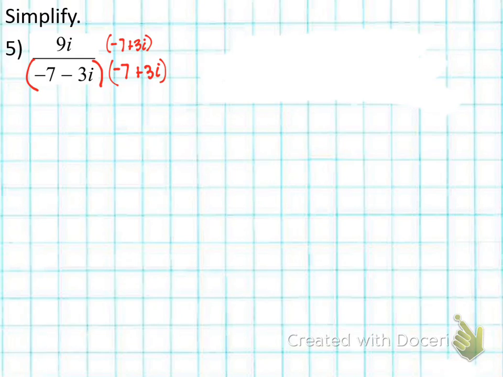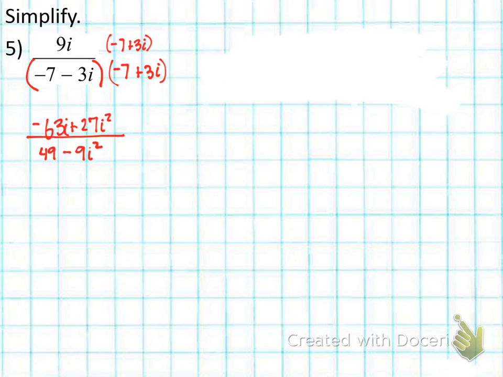Okay, numerator is going to be negative 63 plus 27i squared. Denominator is going to be negative 7 times negative 7 is 49, and 3i times 3i is 9i squared. And you just bring the negative sign down. Keep going.